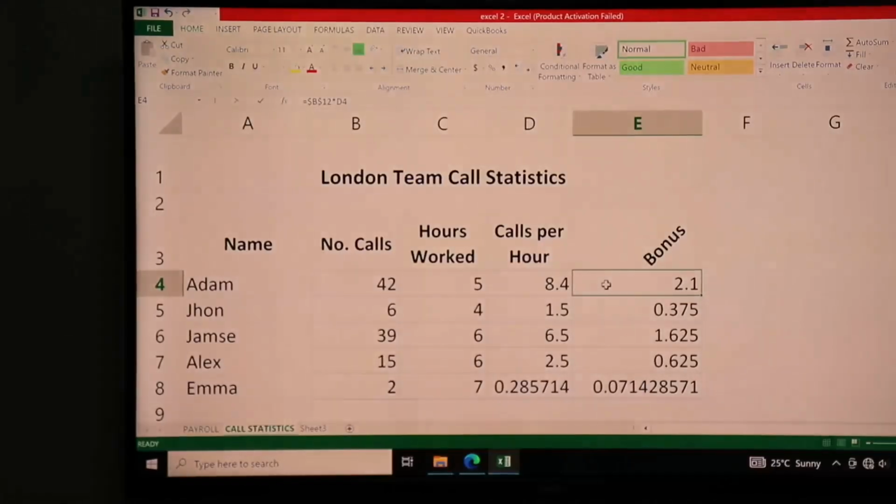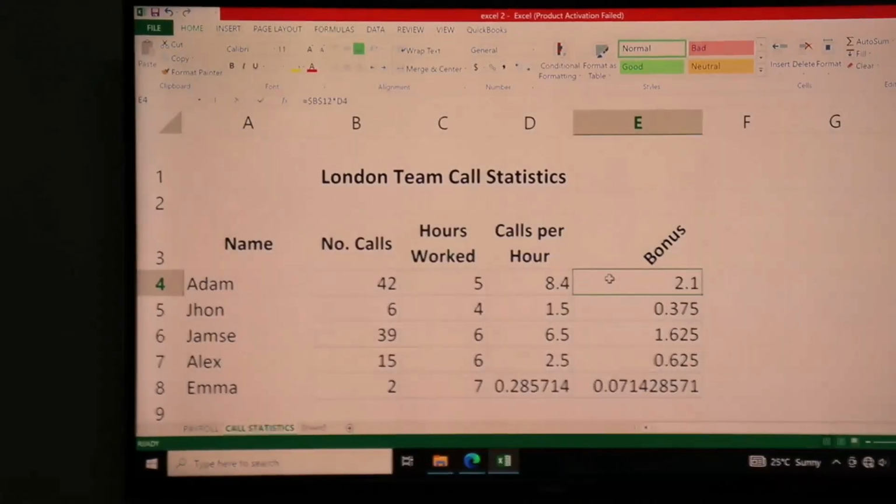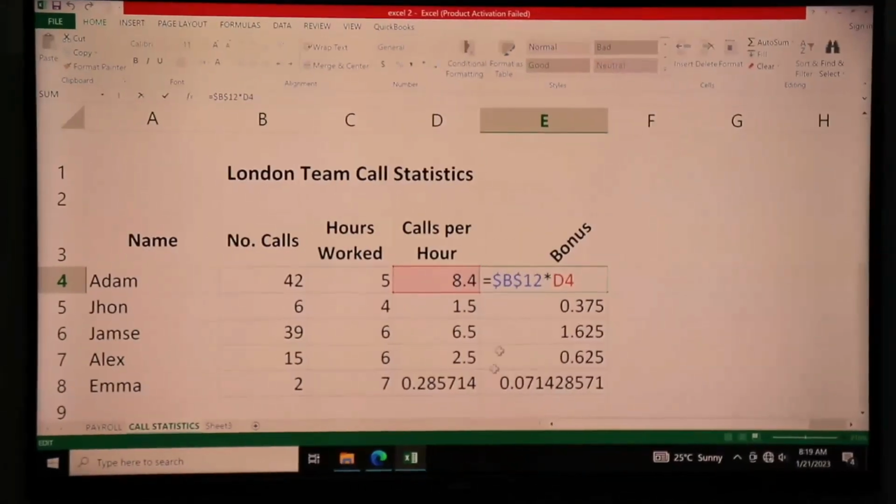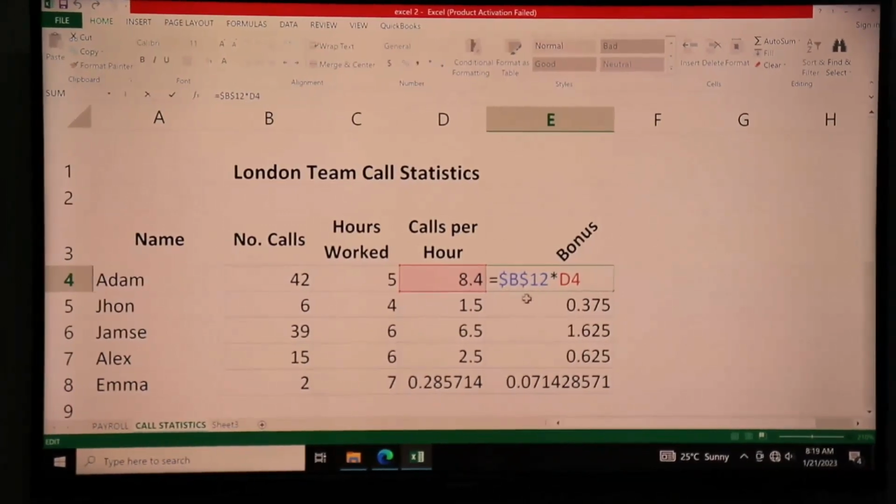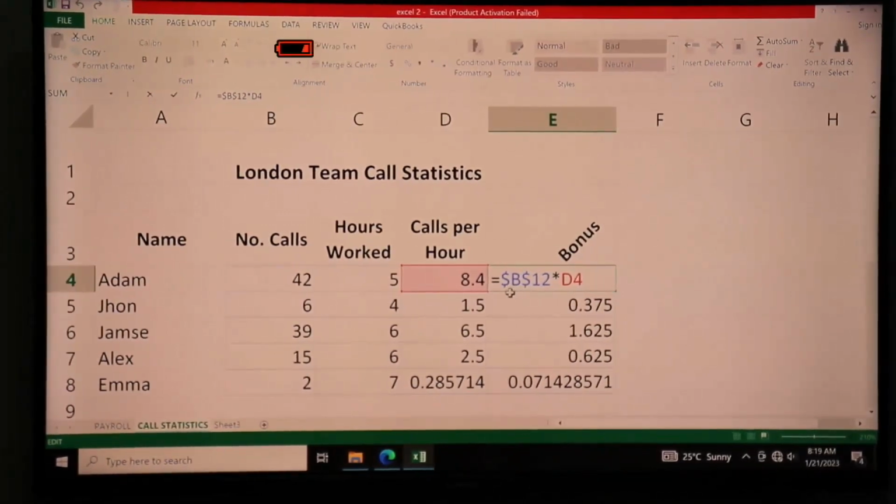Like in this situation, the dollar sign before the B and the dollar sign before the 12, we achieved it by pressing F4. But you can also type it manually. That is, you put the cursor before the B and you hold shift and number 4. Put the cursor before 12, you hold shift and number 4. You still achieve the same thing.